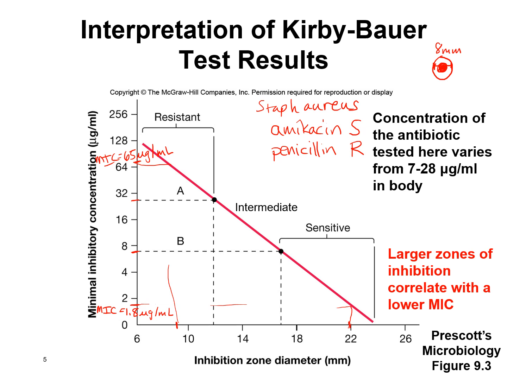Okay, and then maybe another antibiotic was at 16 millimeters of zone of inhibition, and it would fall here. Maybe its MIC is sitting at about 12 micrograms per mil.